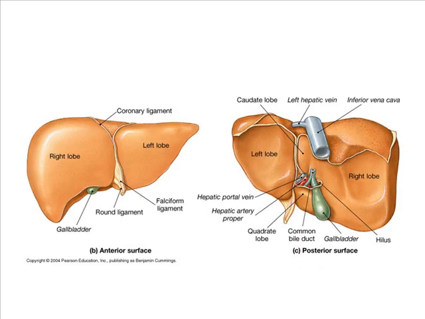You should know the lobes of the liver. Easy enough, right and left lobe. Don't let me confuse you on the test. The falciform ligament, which holds the liver in position. You should know the location of the gallbladder.